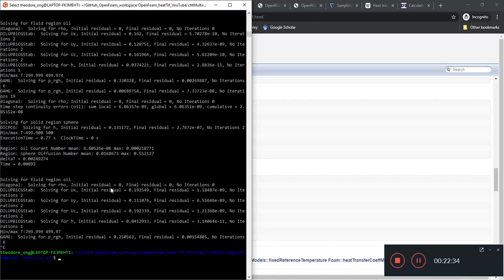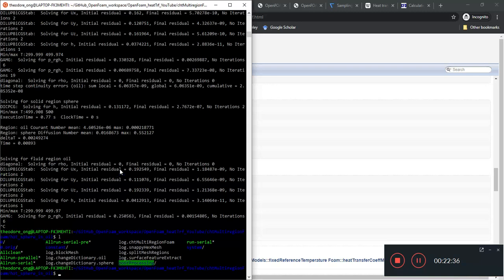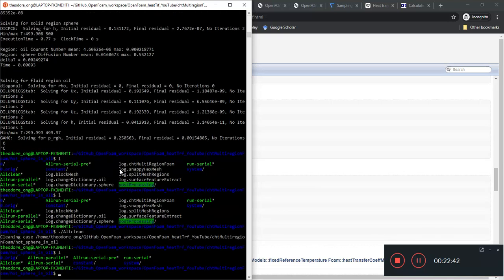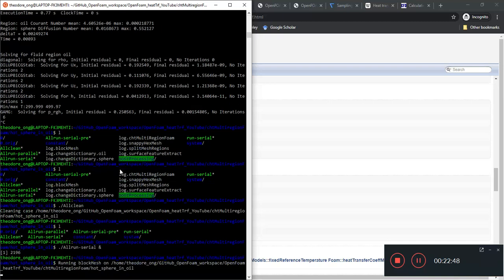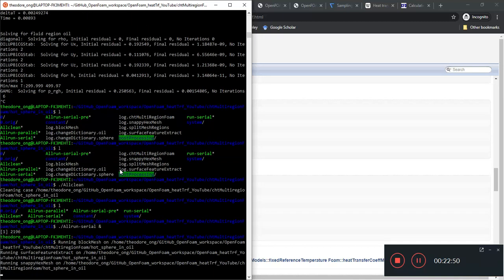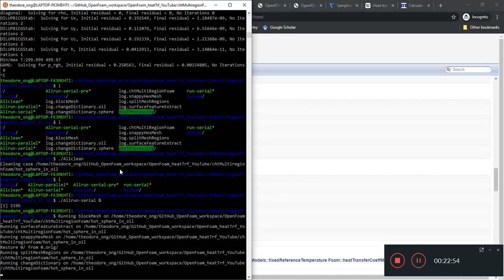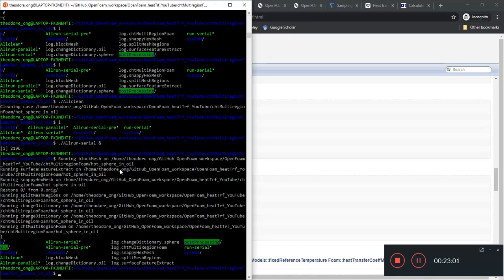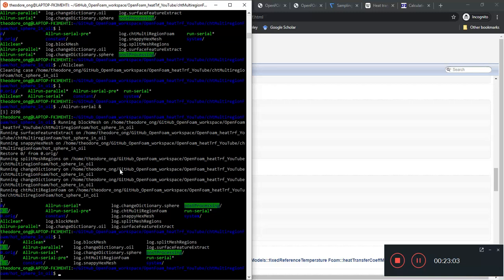Since this is okay, what I want to do is just do all clean, and then I'll do an all run serial n to do it properly. Okay, should be almost done with this thing. So it should be giving us data now.